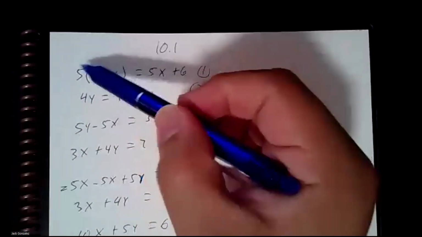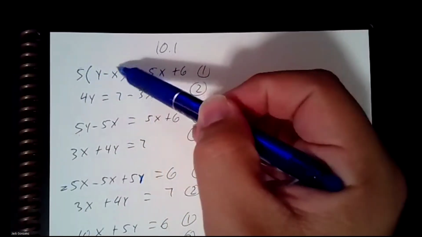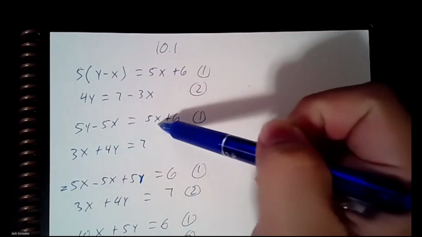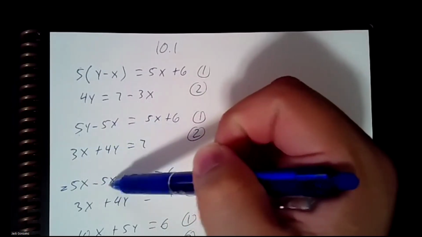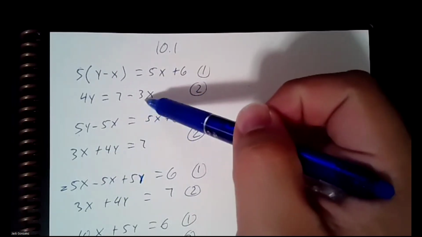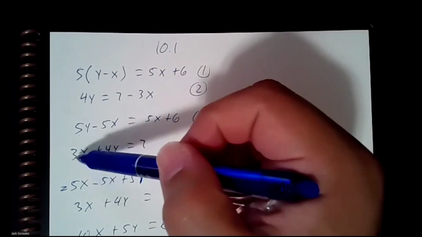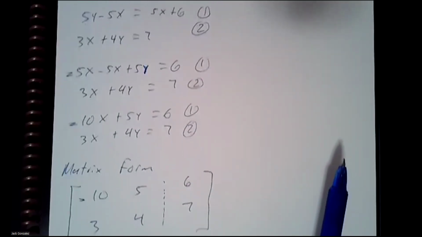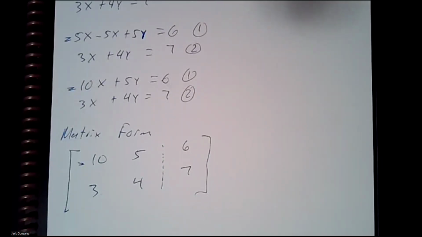So what we did, distribute the 5 times y, 5 times -x, gave us these two. And then I moved this 5x over there. I moved this 3x over there. And then combined some terms and we were good. So just do your basic algebra to get it in that form.